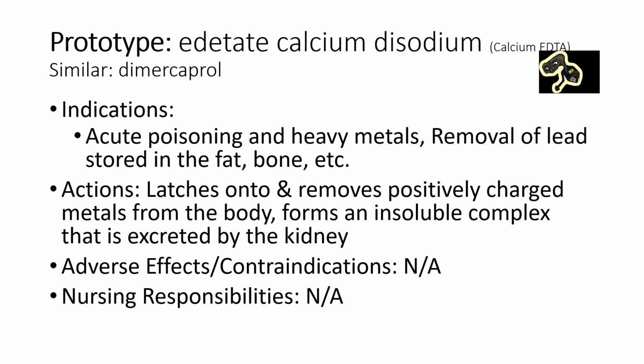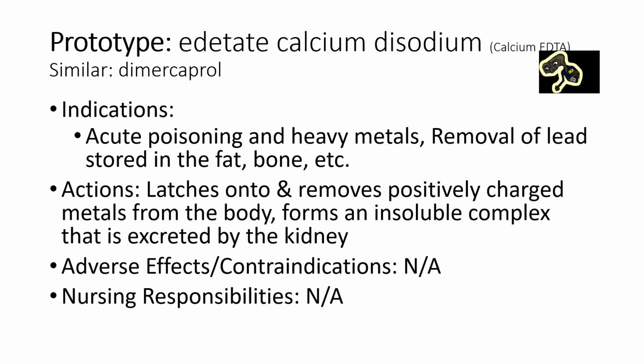Not anymore. So the acute poisonings are less common. But this drug, EDTA, can remove lead from the body, right? Lead gets into the brain and into the fat, and the most toxic effect of lead is in the brain, especially in children.